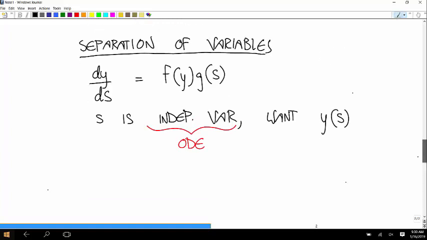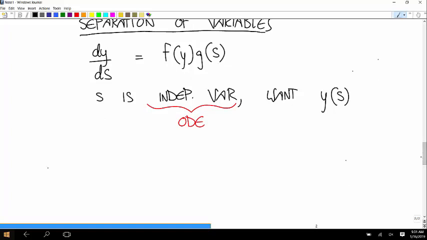But if you have something that you can separate that way, into a function of the dependent variable times a function of the independent variable, the way you solve that is to rewrite it.